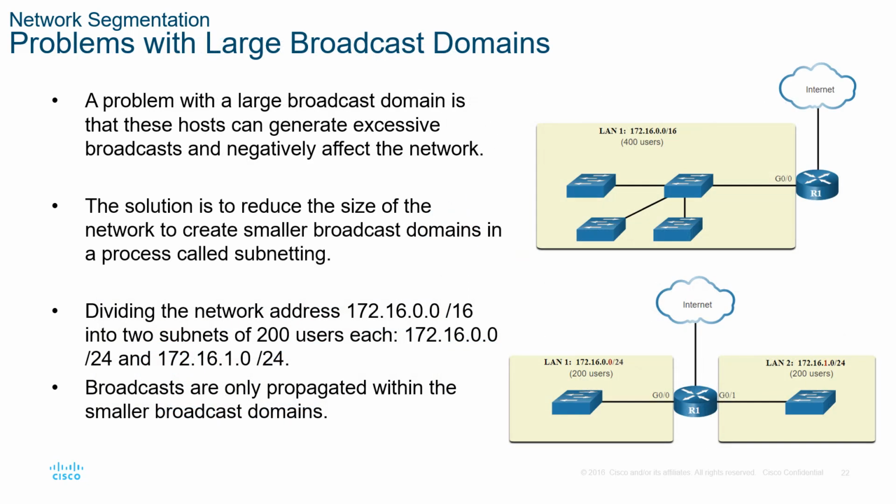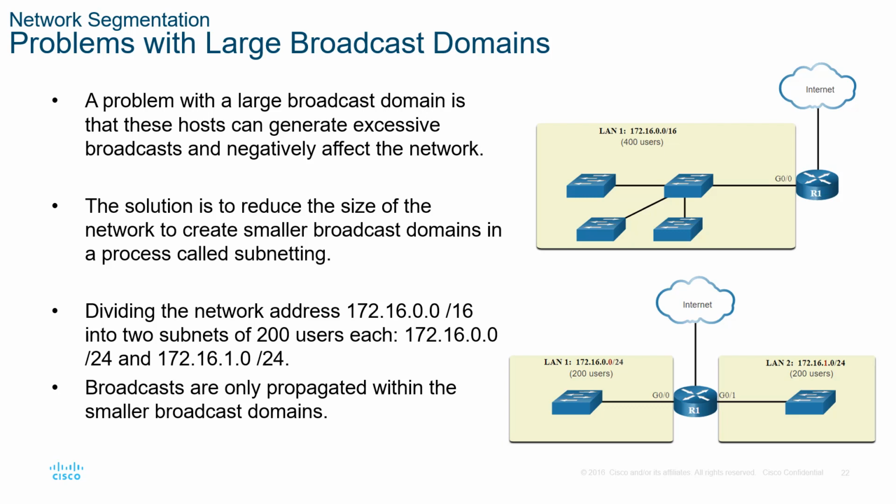So what we can do is we can have a large network. Well, the problem is the larger the network, the more broadcasts. The more broadcasts, the more resources that are used. The more resources, the slower the network operates. So what we can do is actually separate the networks. Instead of having one large network, we may have two smaller networks.